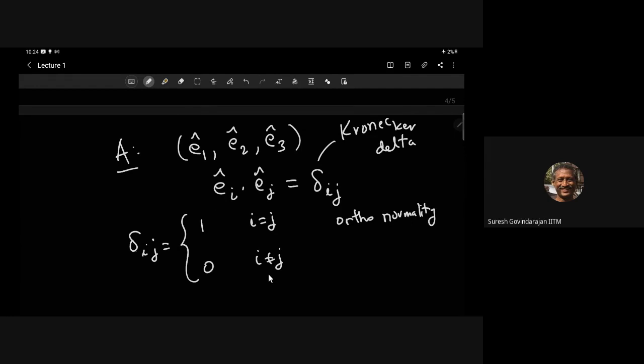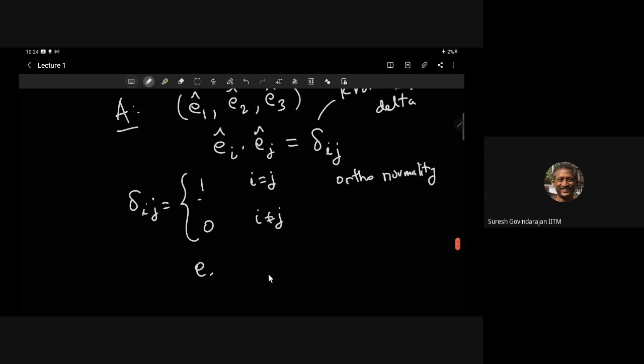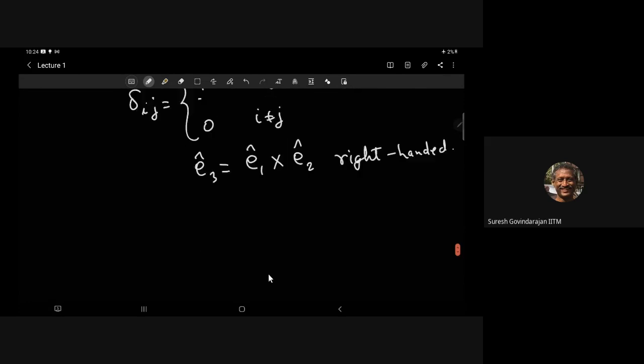Orthogonal means e1 dot e2 is 0. They are perpendicular to each other. Normalized means e1 squared is 1, which is this. Okay. And right-handed means e3 hat is equal to e1 hat cross e2 hat. Okay. So similar.